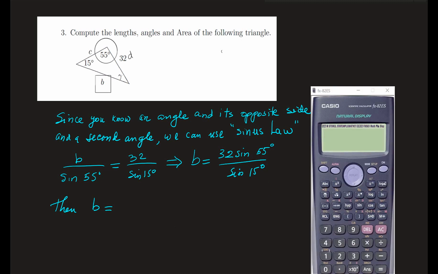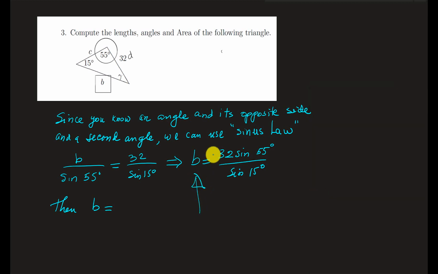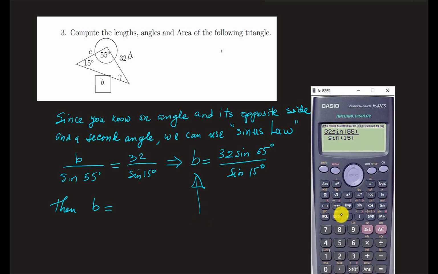Let's compute the quotient 32 times sine of 55 degrees, in degree mode, divided by sine of 15 degrees, and store it in a memory called capital B, because there is such a memory in this calculator. Then shift, store in memory B.